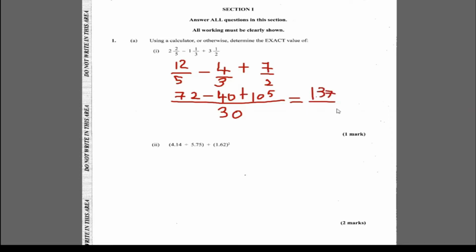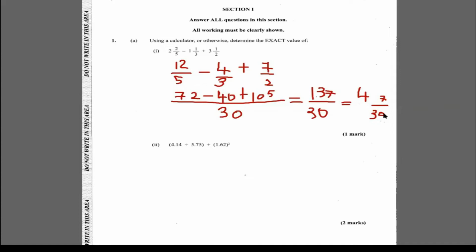This is the exact value, but some people like to write it as a mixed number, so you could write 4 and 7 over 30. It depends on your preference. It doesn't matter if you leave it as improper or as a mixed number. So that's what you would get if you decided that you didn't want to just put it in a calculator.